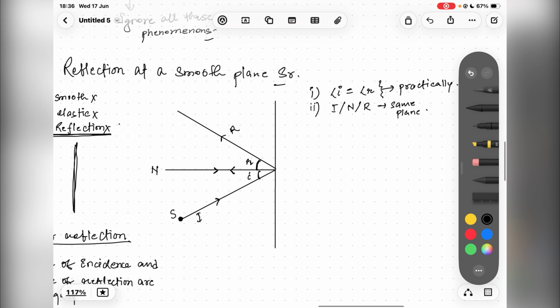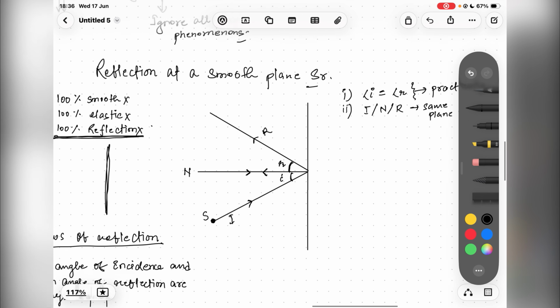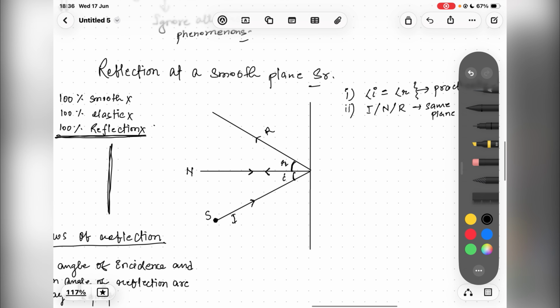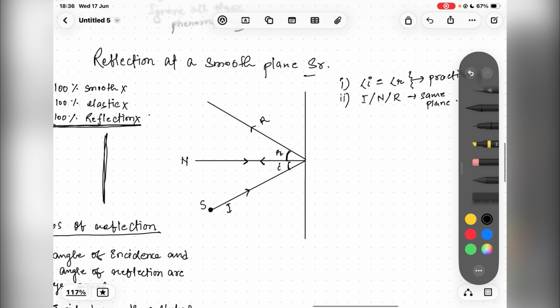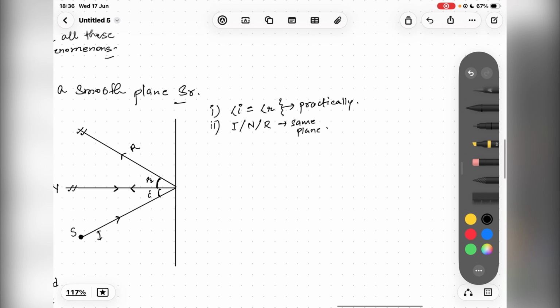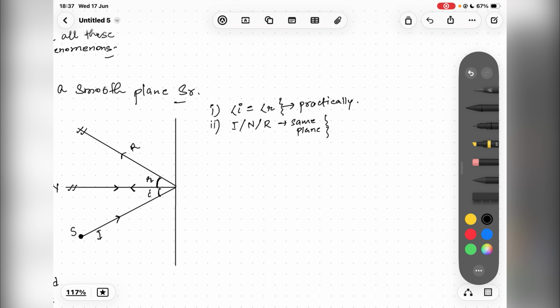So suppose this canvas that I am using to write everything on is a plane, then all these three rays will be in the same plane. So we do not need to prove this law also because it is proven practically.